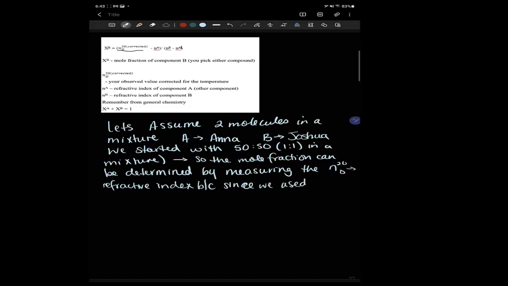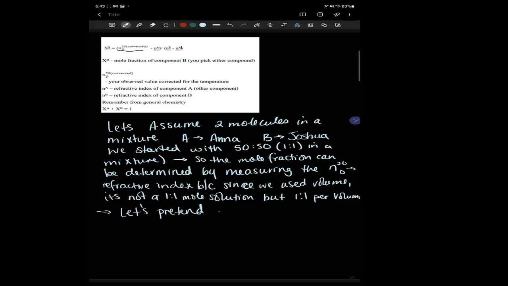If you did not measure it at 20 degrees Celsius, you're going to need to do the calculations to convert it to 20 degrees Celsius. On the digital refractometer, you can make it do the math for you. Otherwise, you're going to have an error in the information without doing the calculations, and the calculations are in your manual.